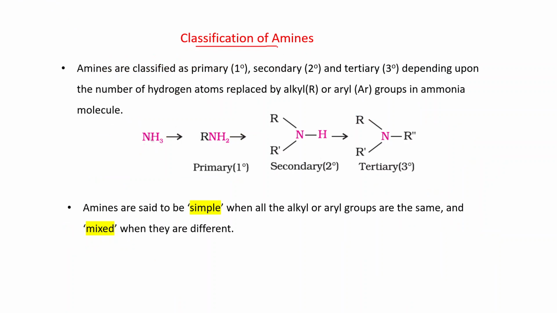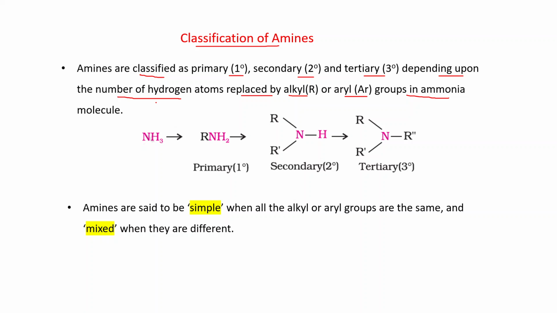Now, classification of amines. Amines are classified as primary, secondary and tertiary depending upon the number of hydrogen atoms replaced by alkyl or aryl groups in the ammonia molecule. Now, be careful. Like the classification of haloalkanes and alcohols, primary, secondary and tertiary depend on which carbon the functional group is attached to. If a primary carbon contains the functional group, then it will be a primary alcohol or primary halide.